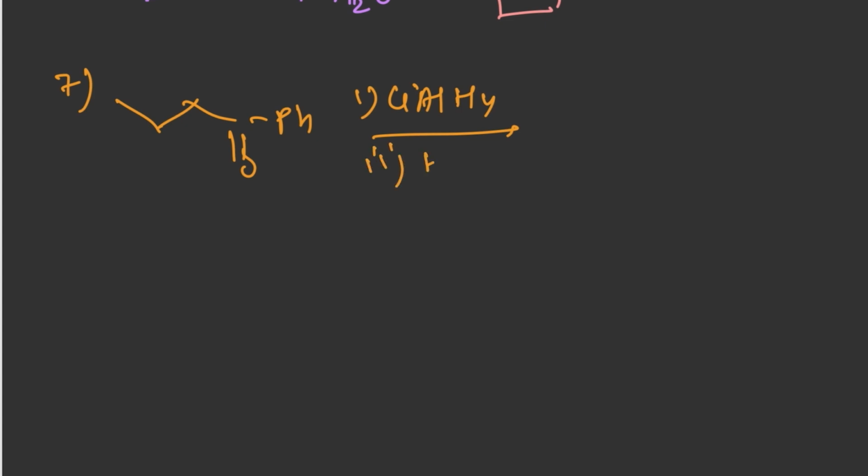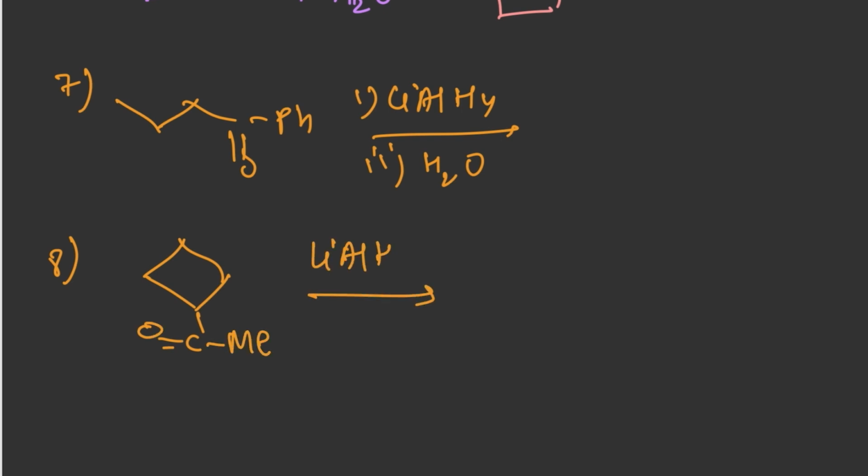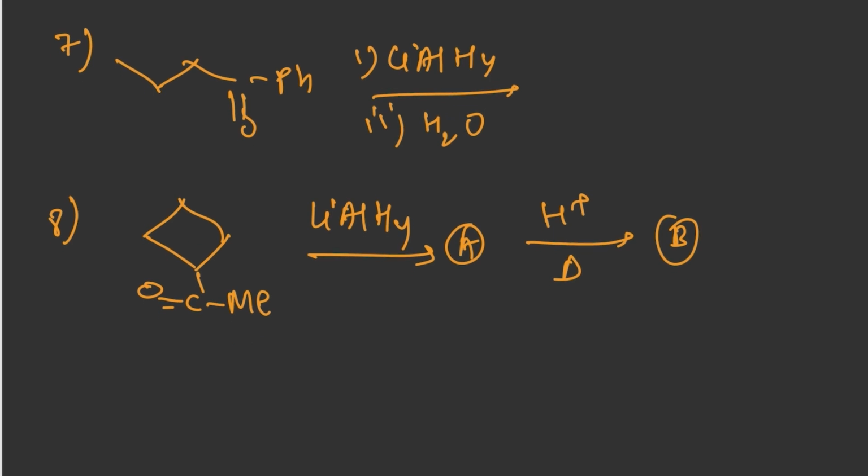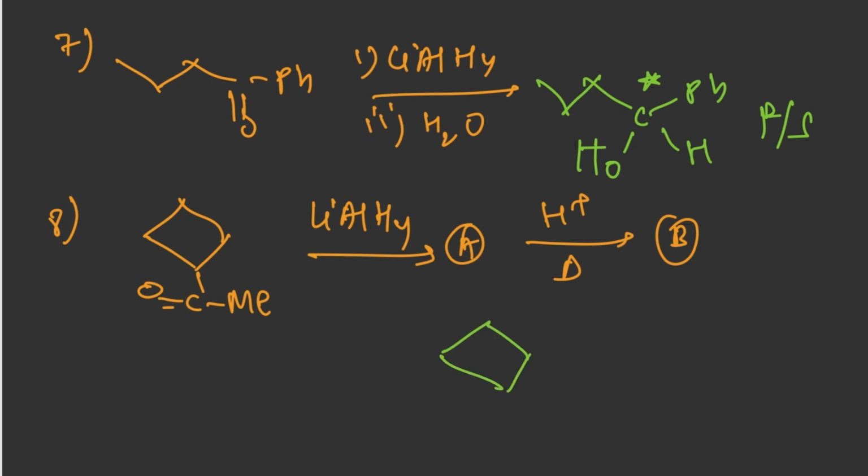Eighth, first it will react with LiAlH4, it will form A, then H plus delta, it will form B. We have to identify A and B. Now in the seventh question we have the compound which is R and S. It is a chiral center. After H2O it will be OH also. Now the next compound we have, H minus will attack over here, giving CHOH, Me then H.